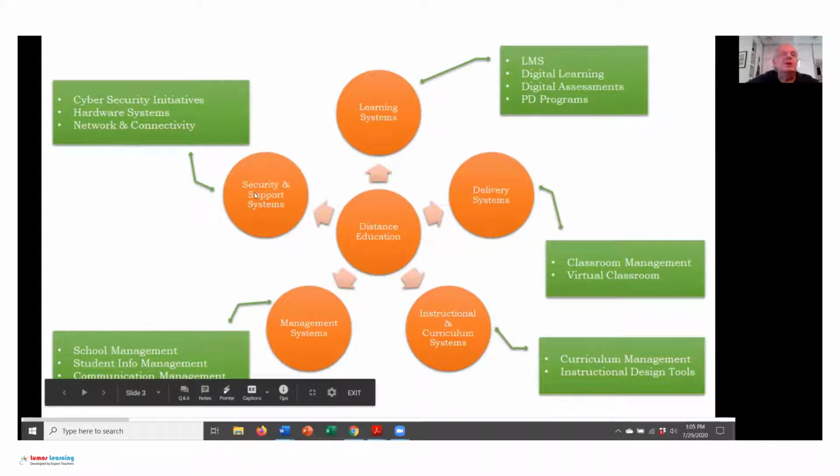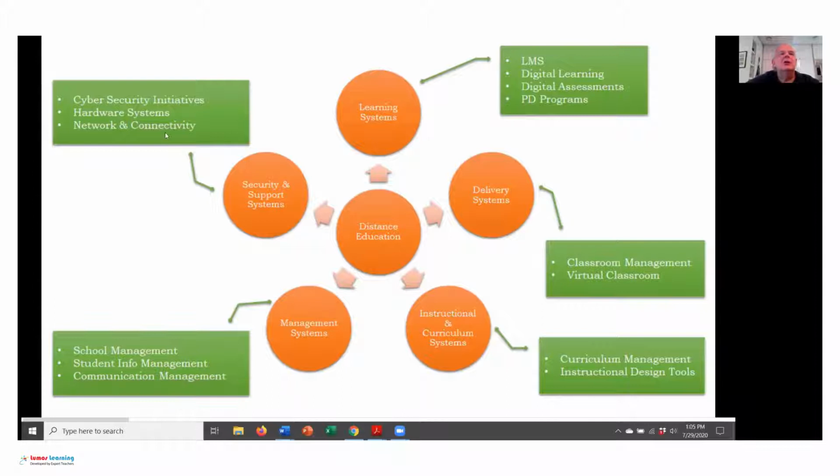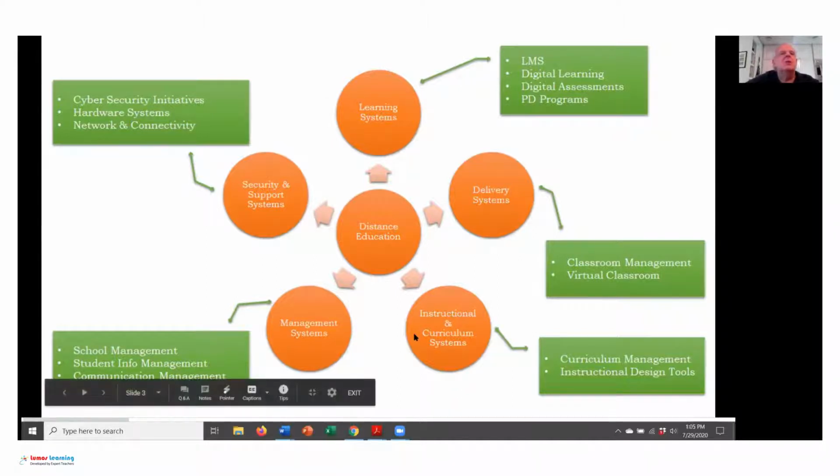And then up here, we spent time last class talking about security, which is an extremely important issue, hardware systems, and network and connectivity issues, which of course becomes a huge issue for those students and families with poor connectivity.